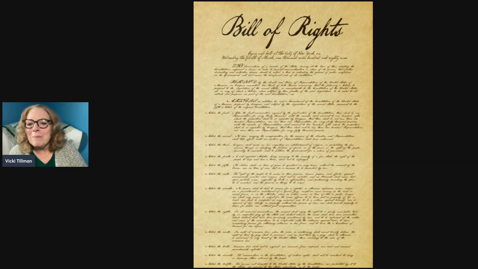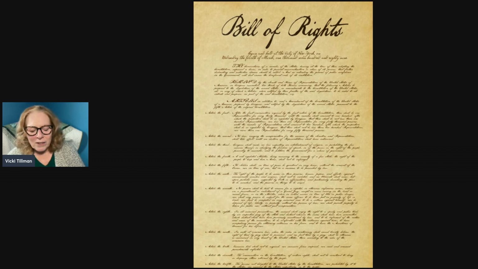All right, Amendment 1 is our foundational big amendment. It covers the freedom of religion, speech, press, assembly, and petition. The freedom of religion: Congress shall make no law respecting an establishment of religion or prohibiting the free exercise thereof.